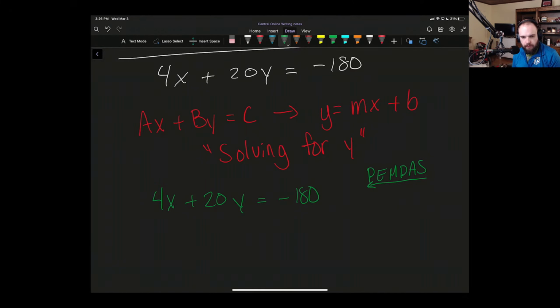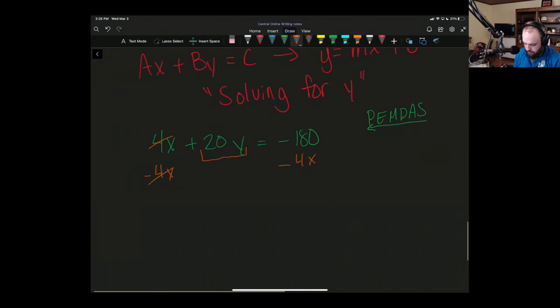So we're going to undo our addition and subtraction. We're going to start by subtracting 4x because I want to get this term all by itself. And whatever I do to one side, I have to do to the other. So 4x minus 4x is going to be 0, and we're left with 20y equals negative 4x minus 180.